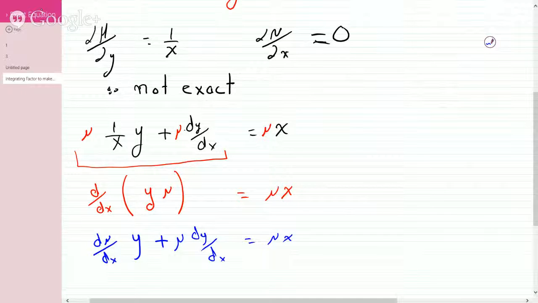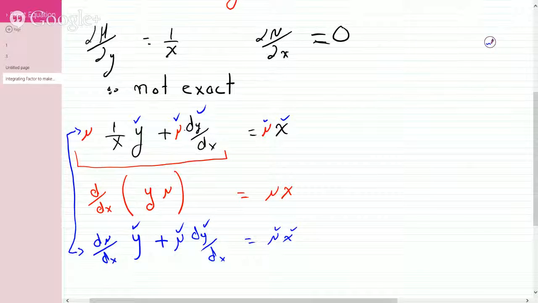Compare this with this. You have y here and y here. You have dy over dx here and dy over dx here. You have mu here and mu here, and you have mu x here and mu x here.